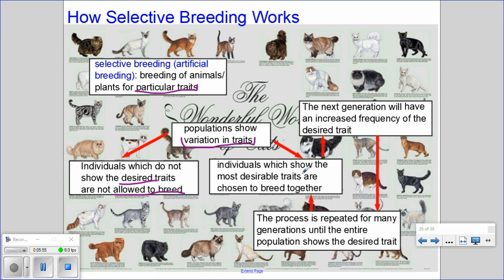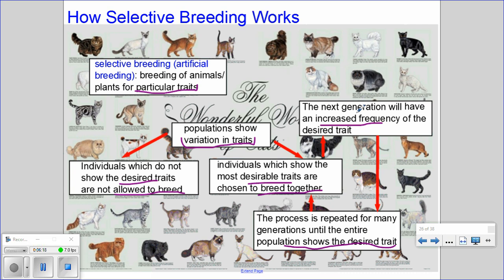The individuals which show the most desirable traits are chosen to breed together. Ultimately, the next generation should hopefully have an increased frequency of the desired trait. This process is repeated for many generations until the entire population shows the desired trait.